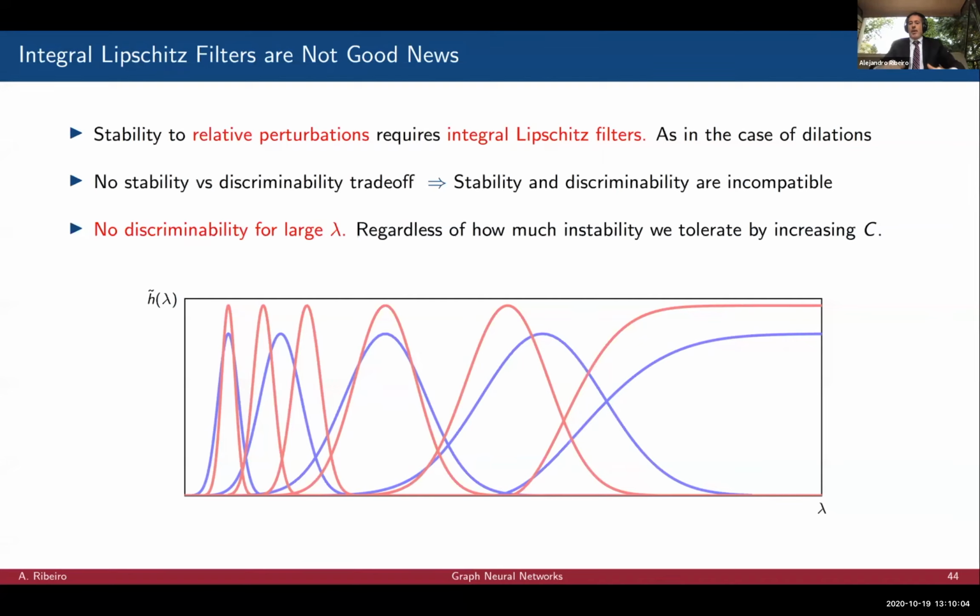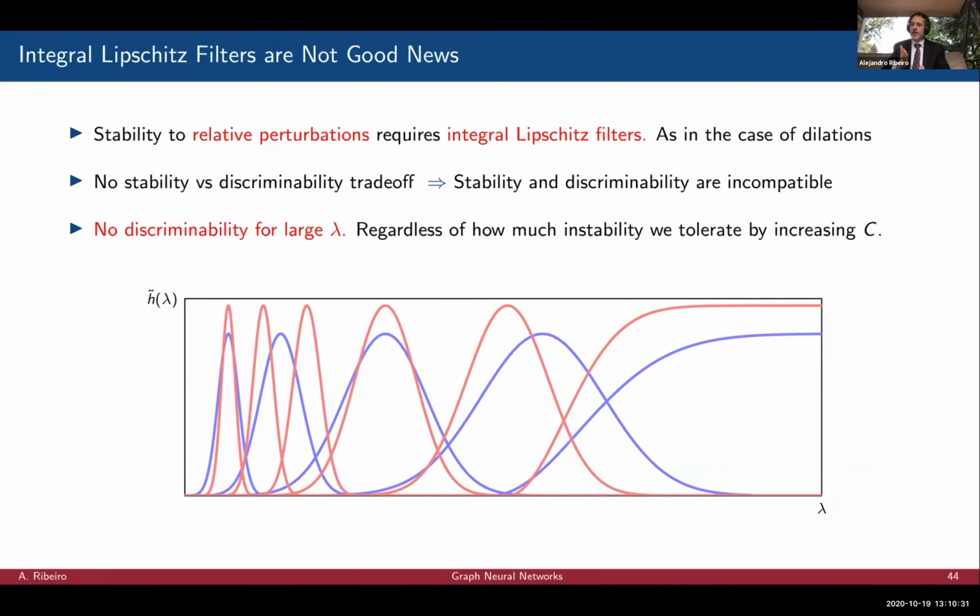What I mean by this is the following. The constant C, of course, affects discriminability as before. So you can increase C to improve your discriminability. However, it will always be the case that when your frequencies are sufficiently large, you lose the discriminability no matter how large C is.